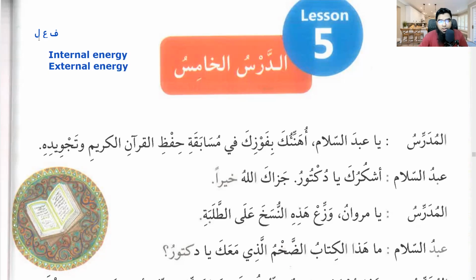So how do you do internal energy? They went to a doctor or some guy, and they told you double ain. So ain is becoming double. This is form 2. So ain became fa, ain, and lam. So this is how it is. Fa''ala. Fa''ala. So this is internal energy.